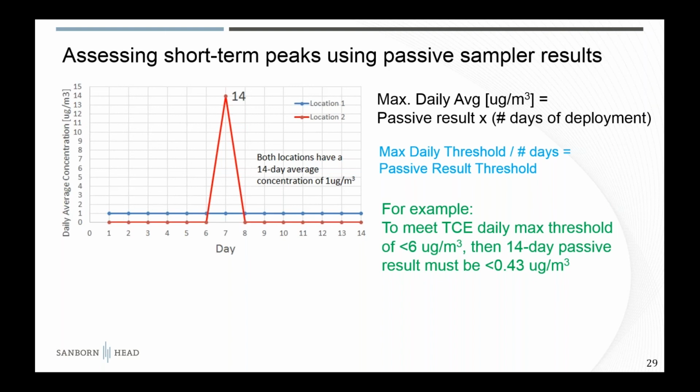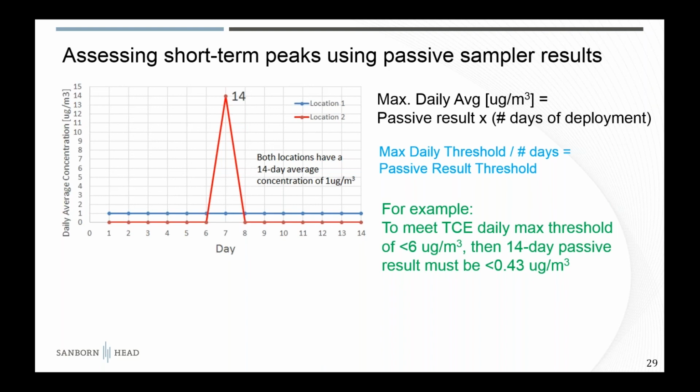So that would be 14, your maximum concentration on any given day if you got a 14-day passive sample result. And both of these samples have the same long-term average. 1 is 1, and 13 days of 0, and 14 is also an average 14-day concentration of 1.